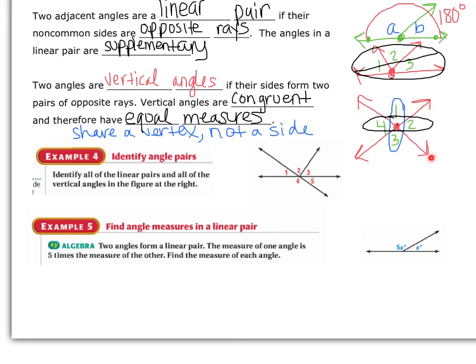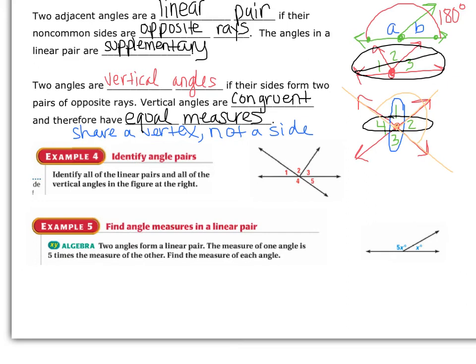Then what you need to also look at in this diagram here is not only do we have vertical angles, we also have linear pairs. And so you have to find that and say, okay, well, I know linear pairs must form opposite rays and they must share a side and a vertex. So if you look right here, 1 and 2 are a linear pair.